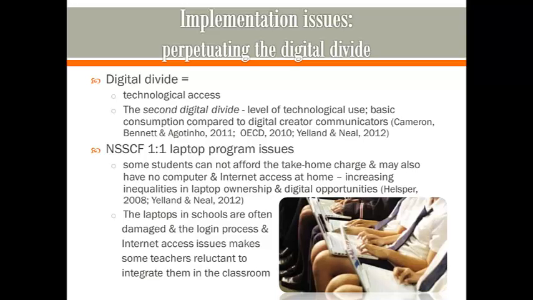On top of that, because of the heavy blocks at Education Queensland and the networking issues, we often deal with prolonged login processes, and this just makes it difficult for teachers, and therefore they're reluctant to integrate laptops and ICTs in the classroom.